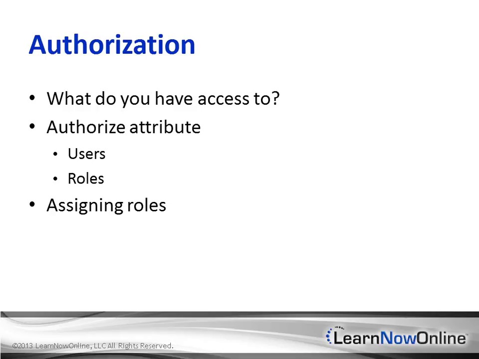So if a person is, say, in the developer role on your Active Directory network, then what's going to happen is if you use Windows authentication, it's automatically going to know that they're in that group, and the attributes will work right out of the box. It seems easy, but the thing is, you can really only use that for internal applications, because obviously if you put something on the internet, you're not going to want to add all those users to your Windows network.